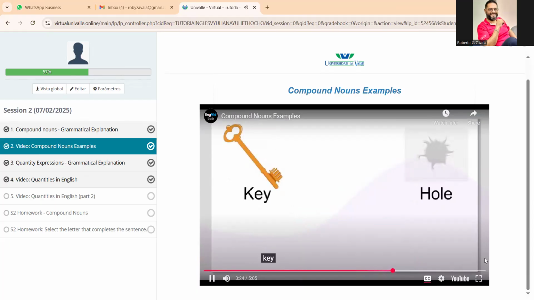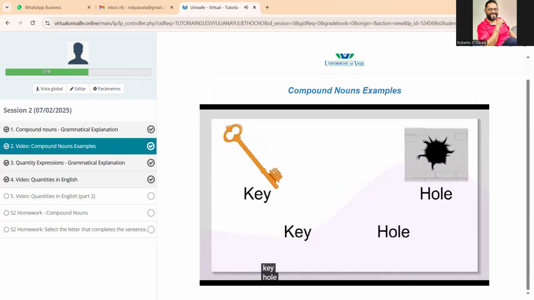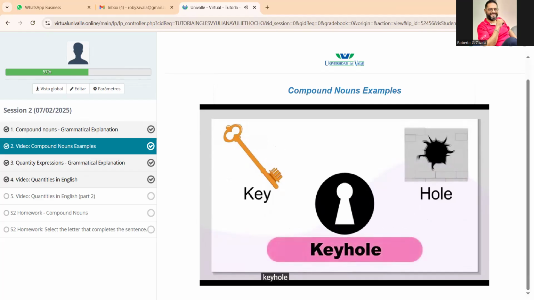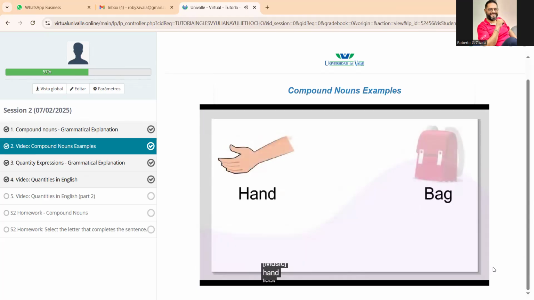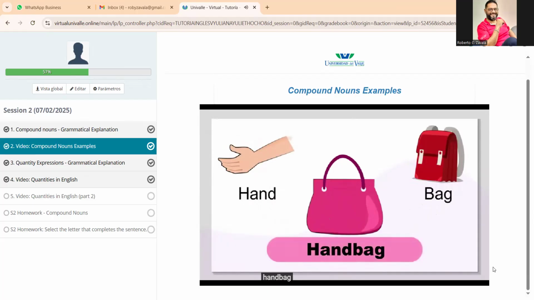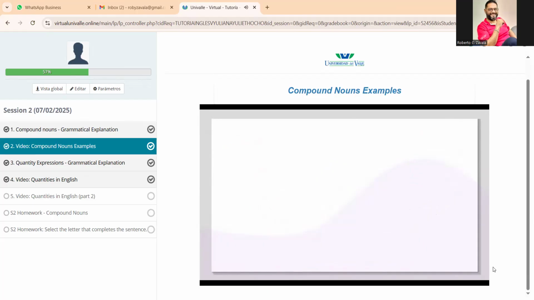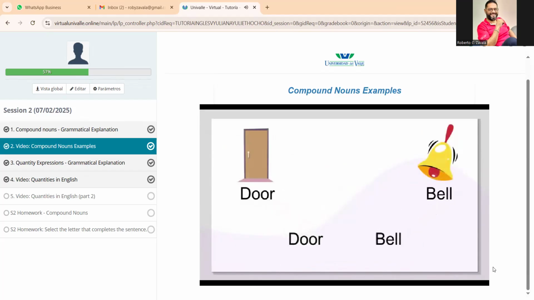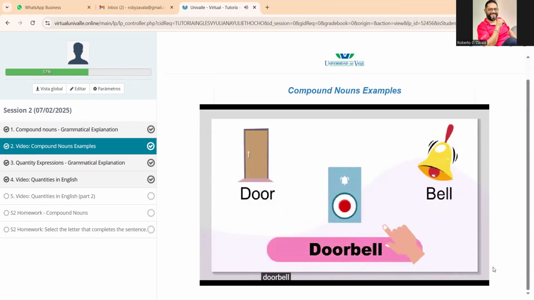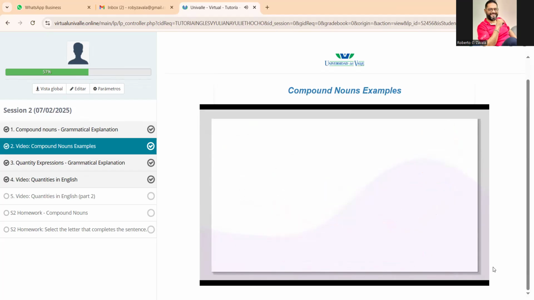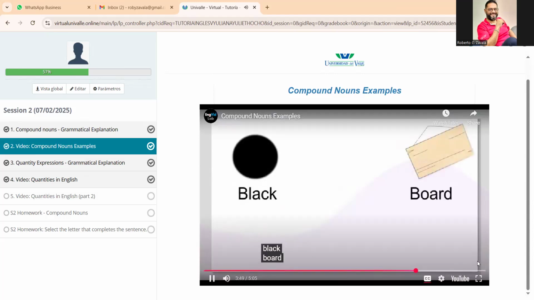Key. Hole. Keyhole. Hand. Bag. Handbag. Door. Bell. Doorbell. Black. Board.